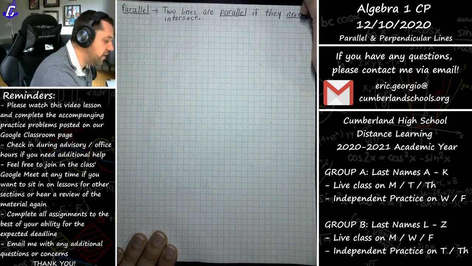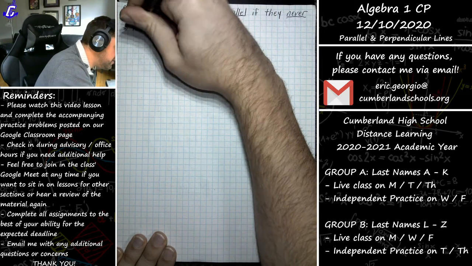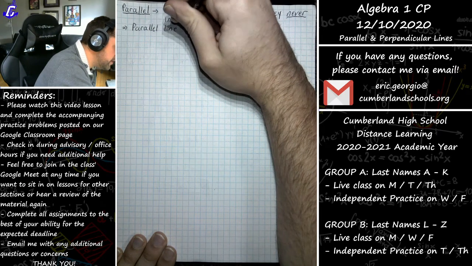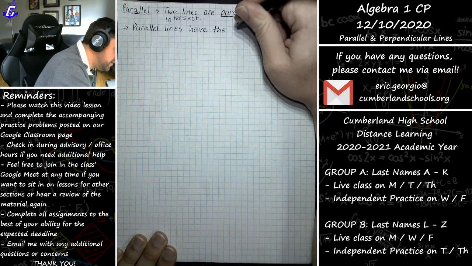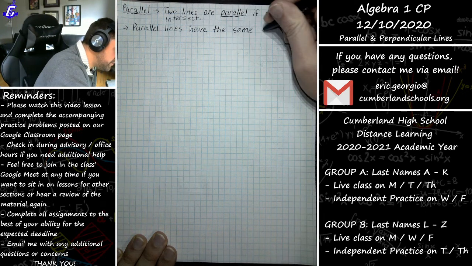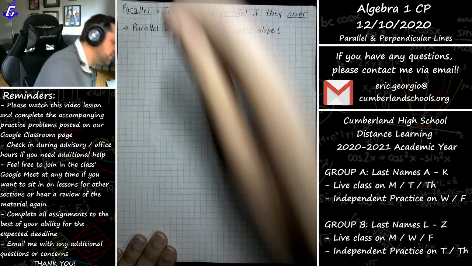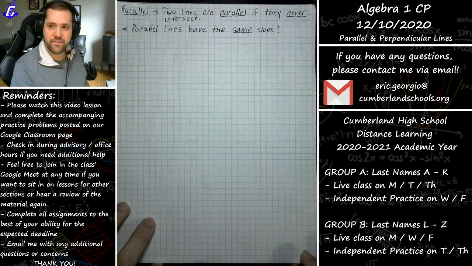And in order for our lines to never intersect, that would mean that parallel lines have the same slope. That would mean that the slopes of parallel lines have to be the same.